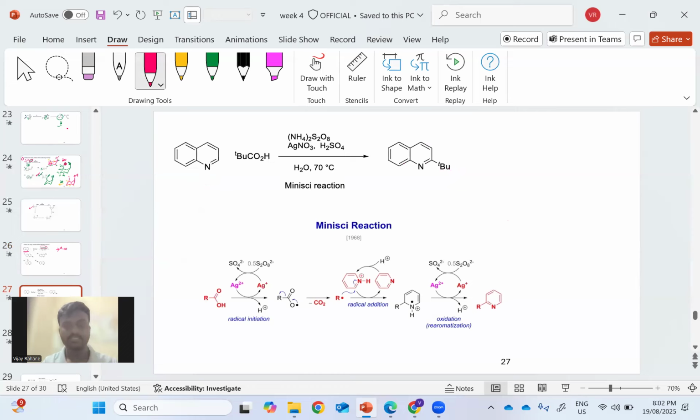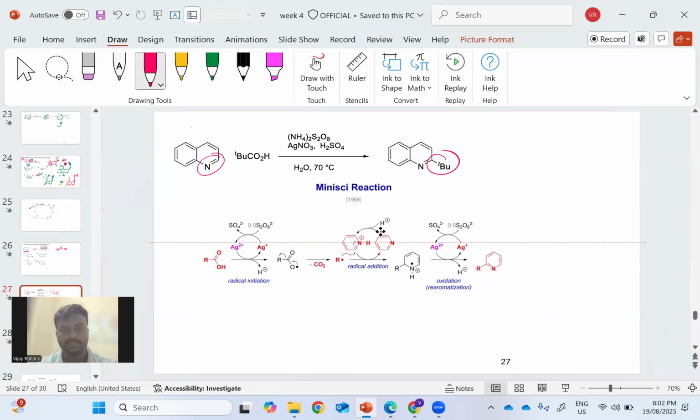So this is basically a Minisci type of reaction. In this case, the product will be the tertiary butyl substitution ortho to this heteroatom nitrogen atom. So this is the product formed after the completion of this reaction.